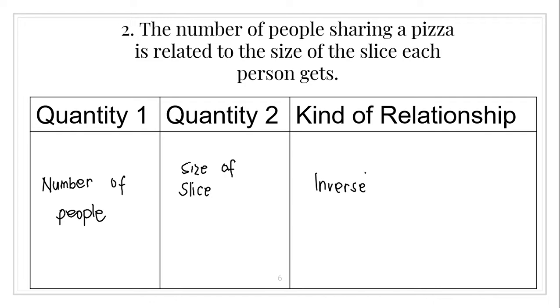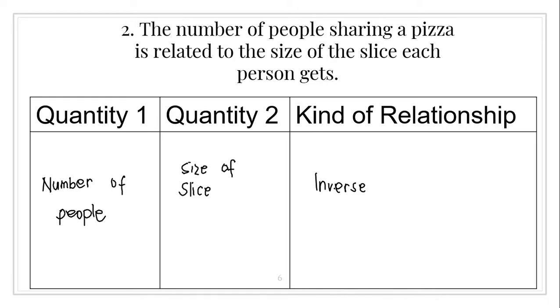Okay, why inverse? As the number of people sharing the pizza increases, the size of the slice each one gets decreases. Kapag dumami kayo naghati-hati sa isang pizza, may tendency na yung slice na makukuha mo ay mas maliit. So, kung 4 lang kayo, you can get 1/4 of the pizza. But kung magiging 8 kayo, what you're going to have is 1/8 of that pizza.